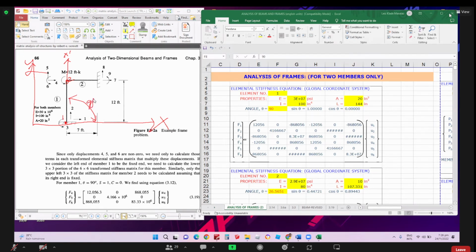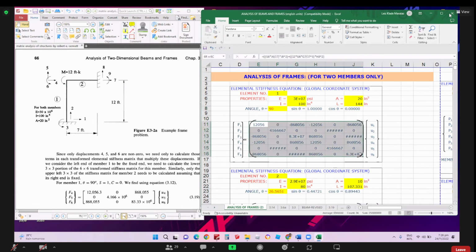So I put 90 degrees. Now we have the elemental stiffness matrix in terms of the global coordinate system.